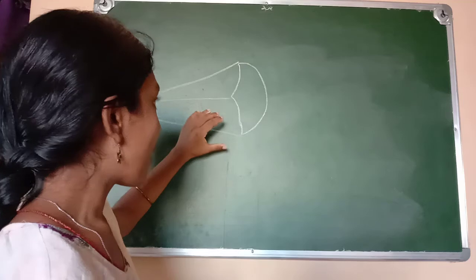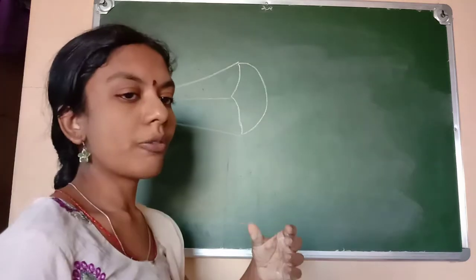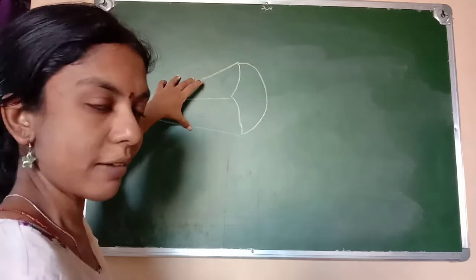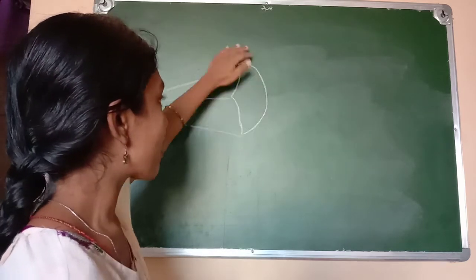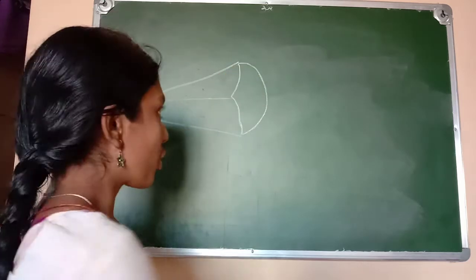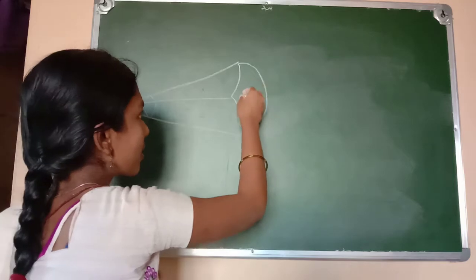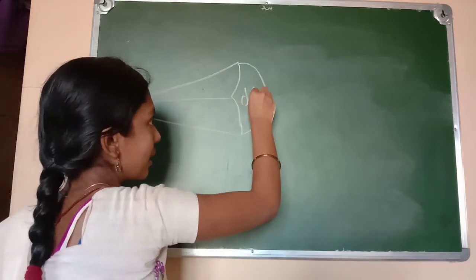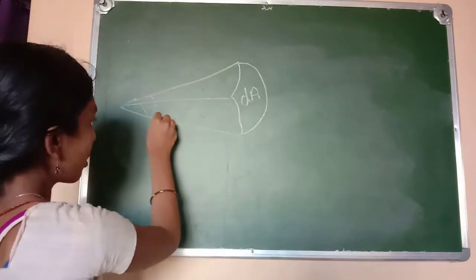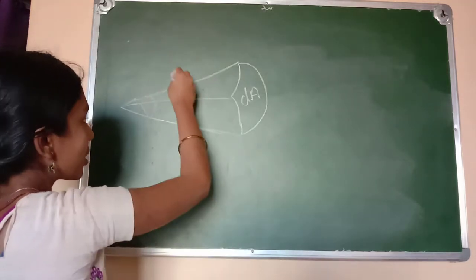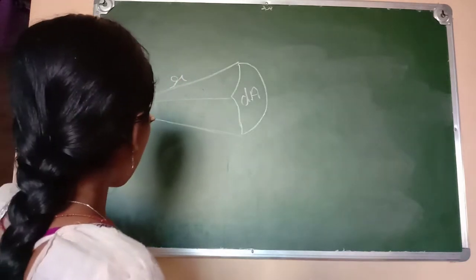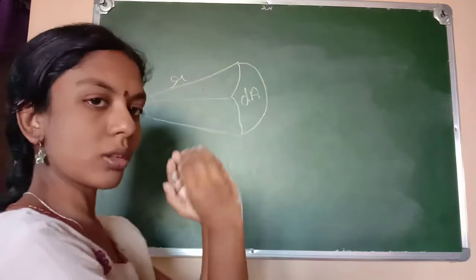So here you can imagine yourself with an ice cream cone. Just you have kept the ice cream cone sideways, and it is an ice cream cone which has a lid closed here with the surface area dA, and here as usual you have the length r, and there might be an angle on the cone.